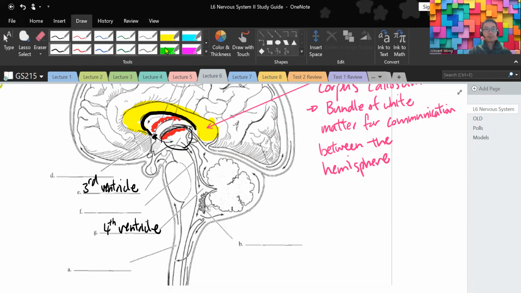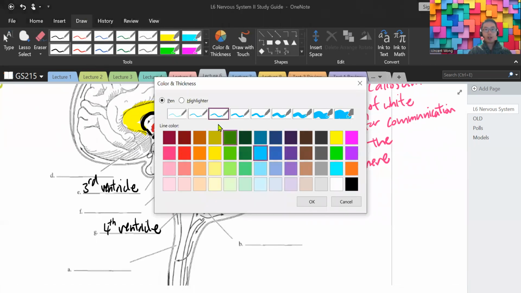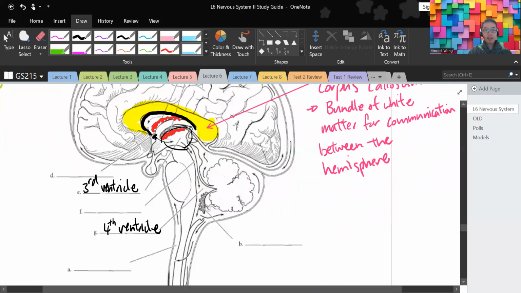All right. So just to follow the path again, we have the CSF produced here. It's going to fill up the entire lateral ventricle. It's going to flow through a small hole to go to the third ventricle, which would then flow down this narrow duct into the fourth ventricle.